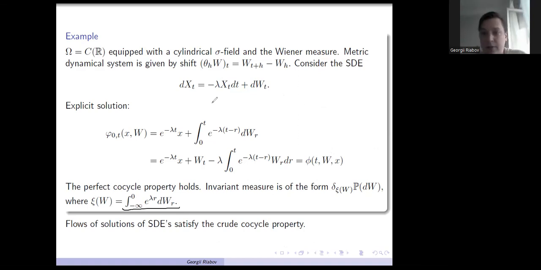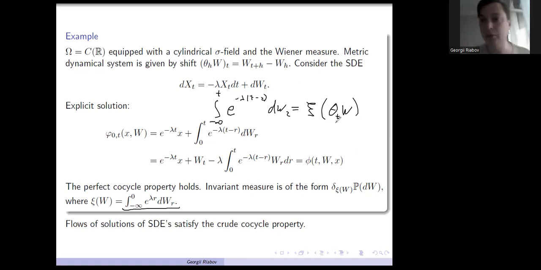Note that the stationary solution of the stochastic differential equation is just the integral from minus infinity to t of e^(-lambda(t-r)) dW_r, which now coincides with the random variable psi evaluated at the shifted trajectory of W. Such random variables are called stationary points for the random dynamical system.